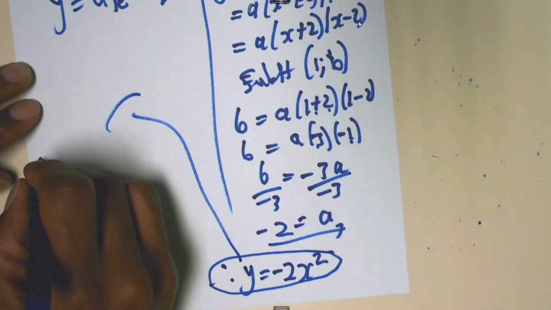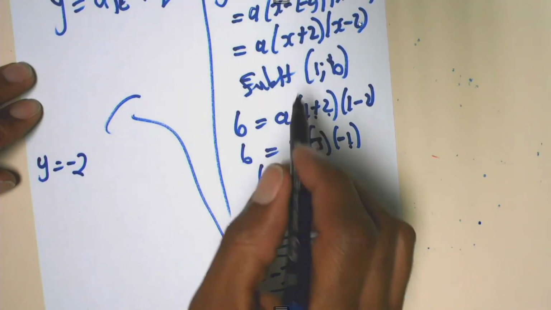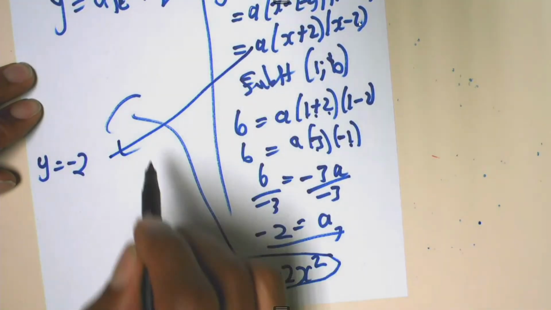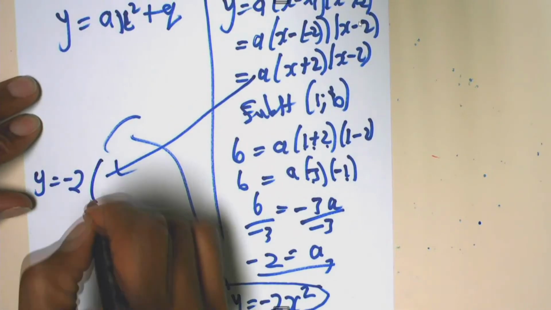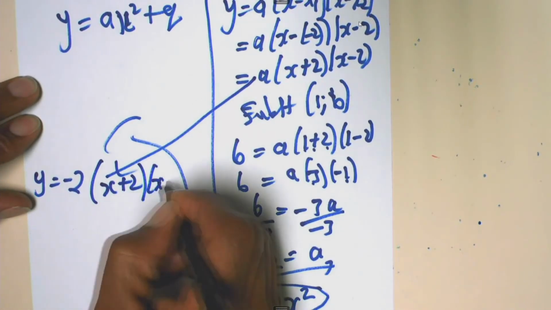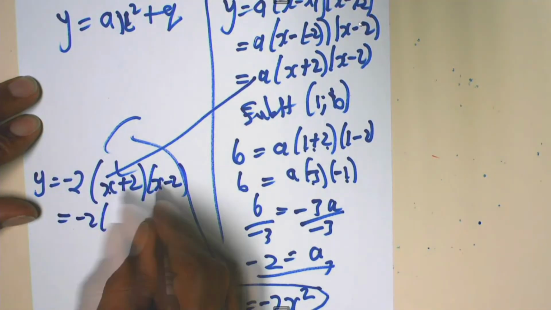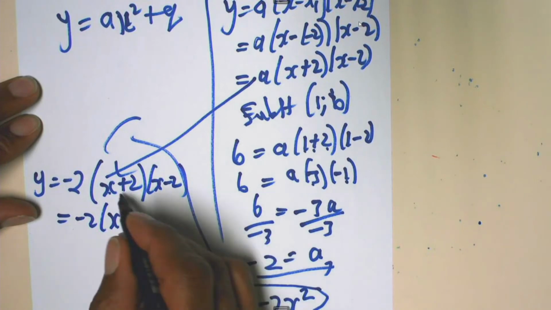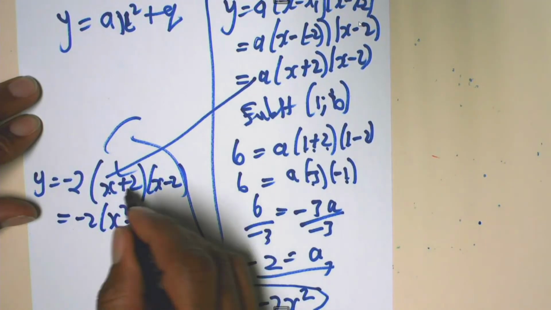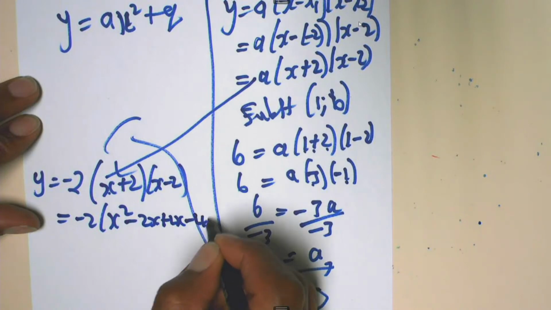So it's going to be y is equals to minus 2 outside. Then you're going to take it from here now. From here, we come here. So minus 2 into, so it's x plus 2 minus 2. Then when I multiply out, it's a minus 2 into x by x is what? x squared. x by that is a minus 2x. This will be plus 2x, then minus 4. Good.